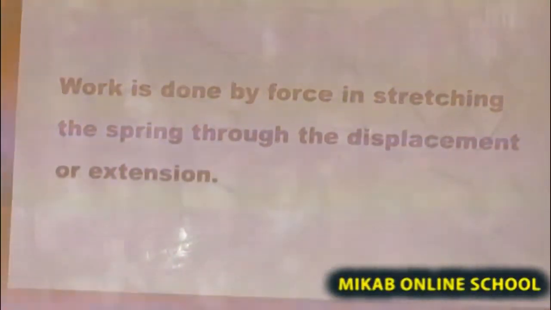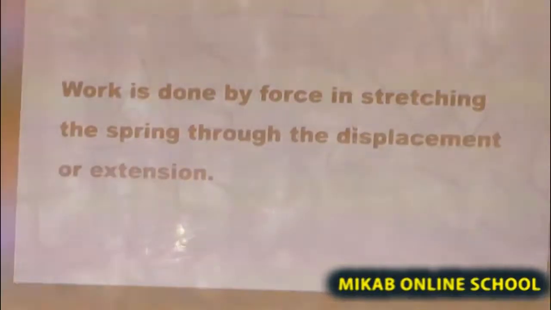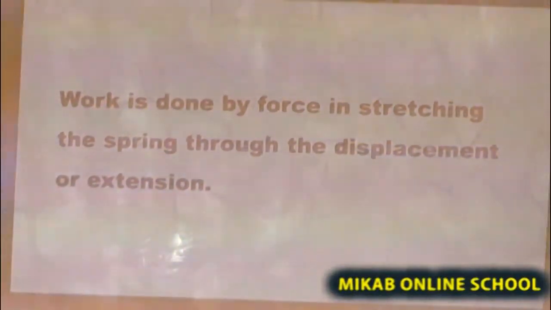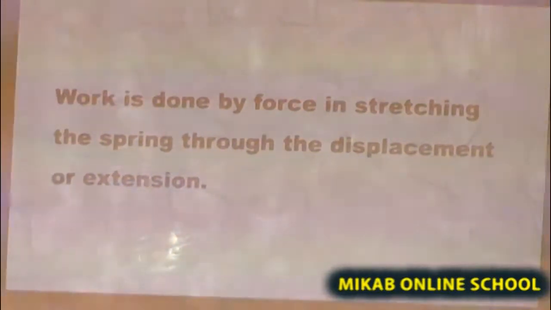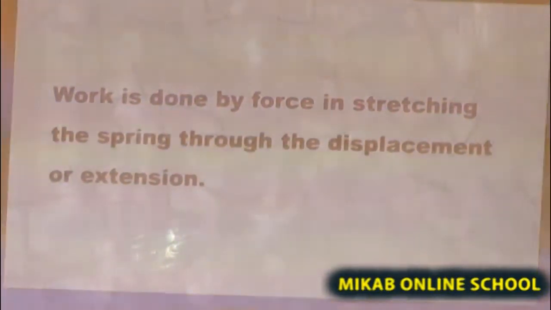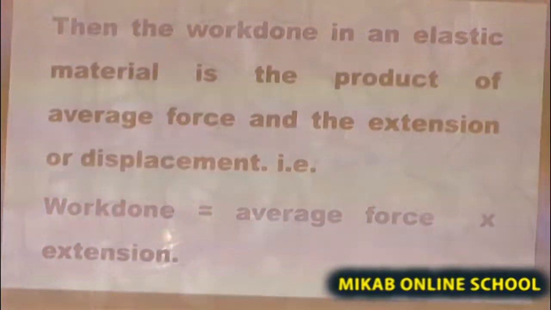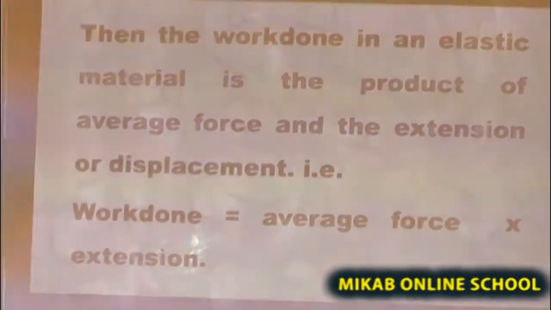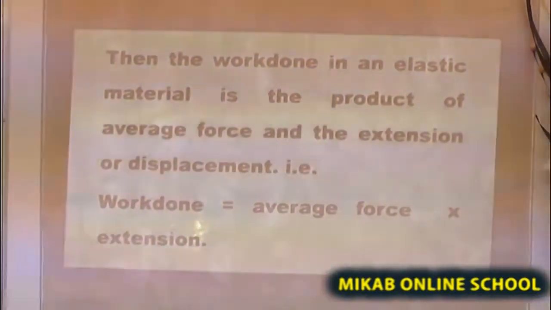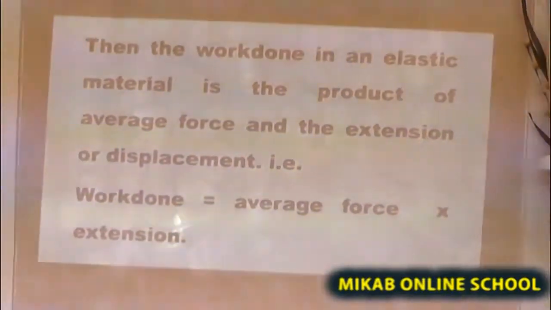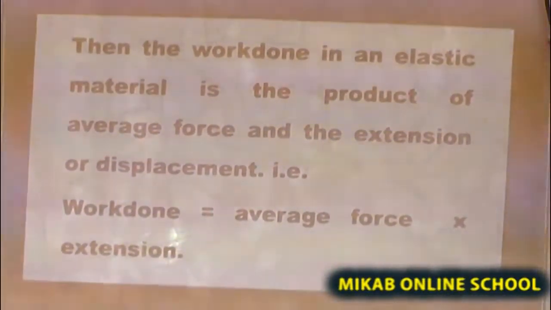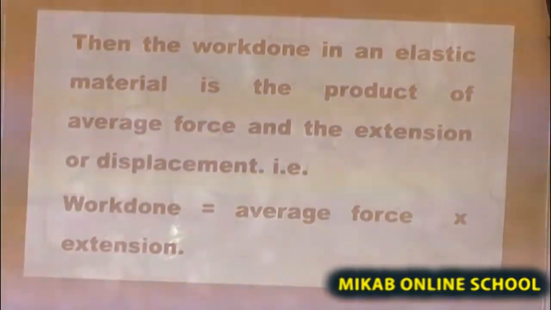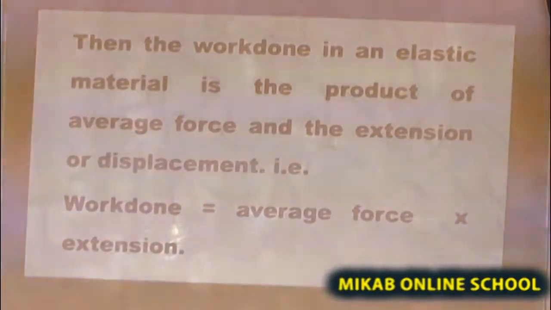The work is done by a force in stretching the spring through the displacement or extension. Then the work done in an elastic material is the product of the average force and the extension or displacement. That is, work done equals average force multiplied by extension.